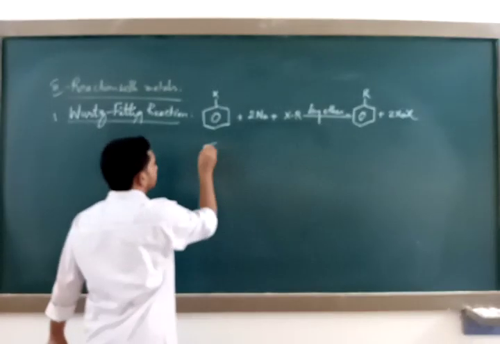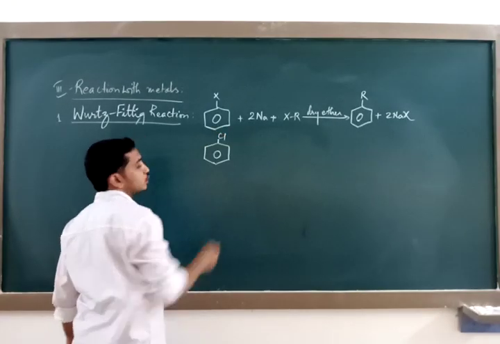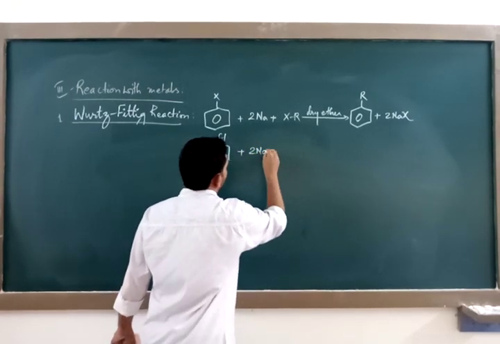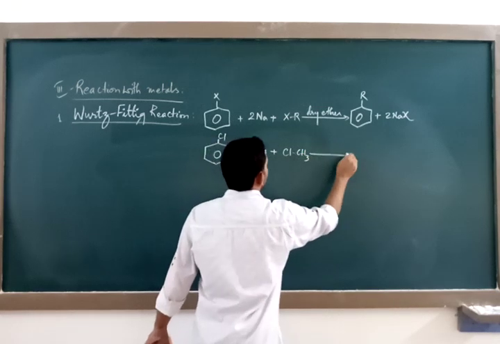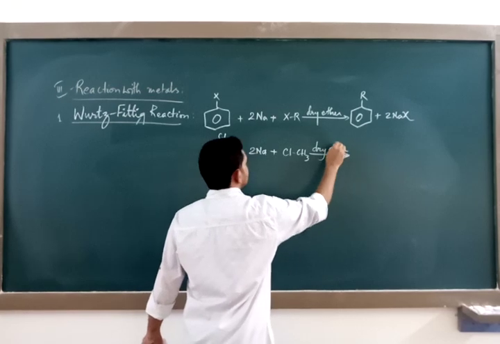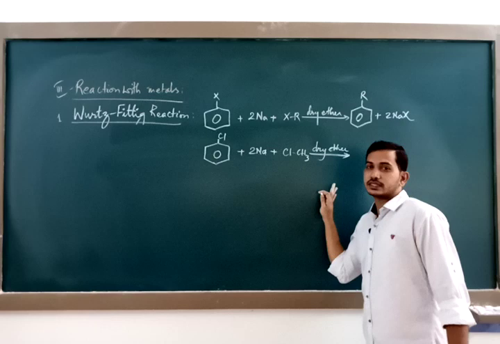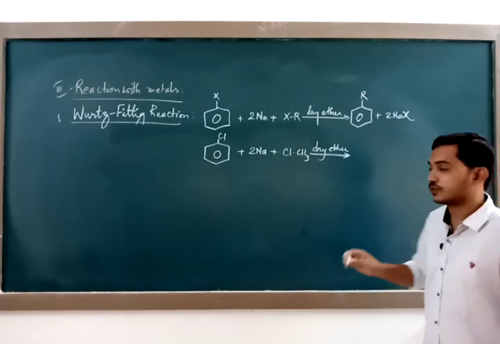If the same halobenzene is taken as chlorobenzene, it reacts with sodium metal along with methyl chloride in the presence of dry ether. Dry ether is compulsory. If you do not write dry ether while writing the reaction, this reaction has got no value. Without dry ether, the reaction will not proceed.